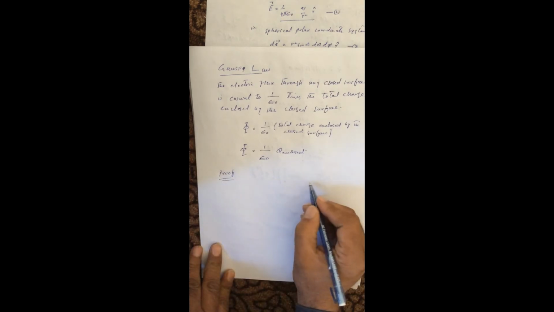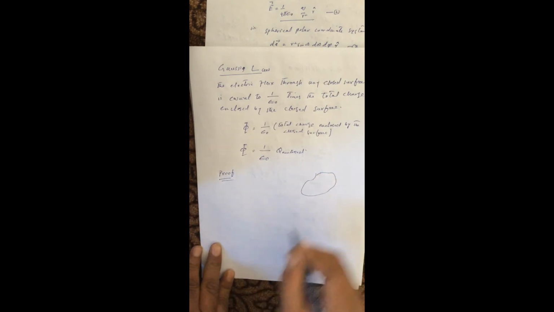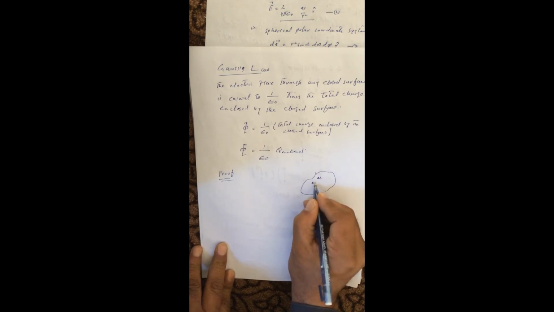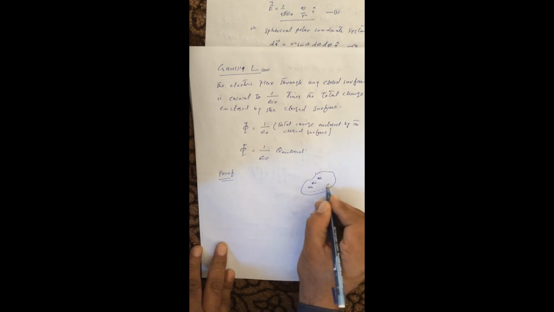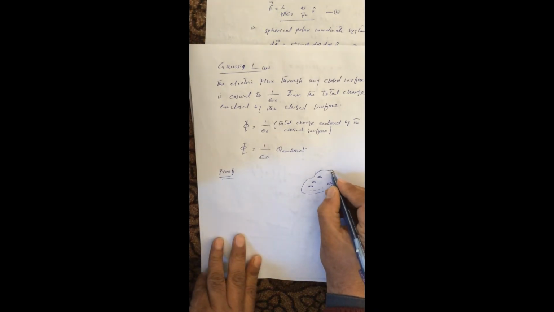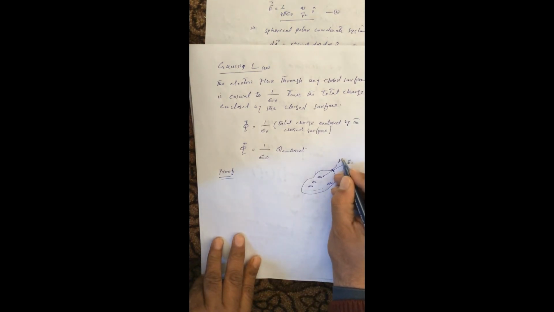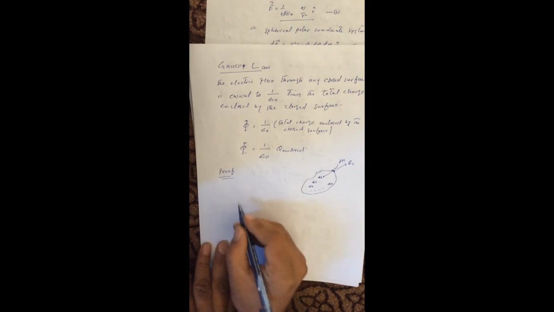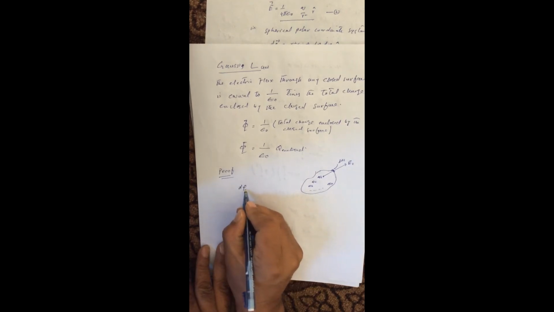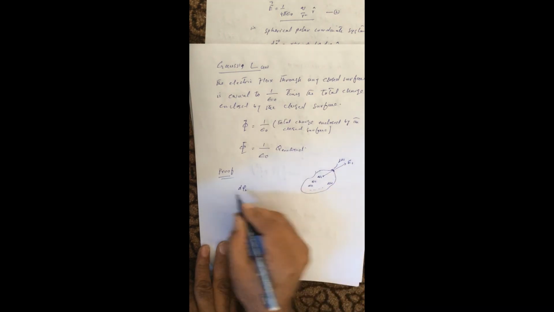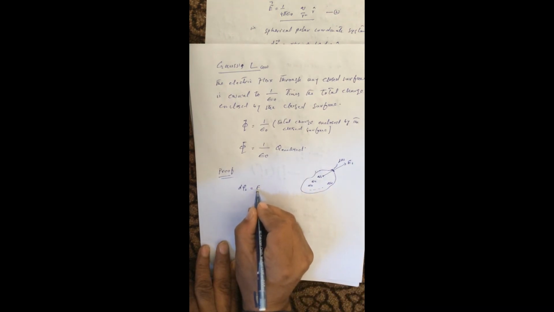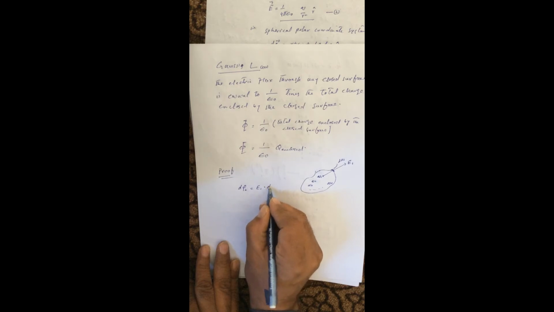The proof is, suppose we have any arbitrary shaped surface, and let's suppose we have charges q1, q2, q3 up to qn. There are n charges inside this closed surface. Now I will consider a small area element on this surface, and the electric field through this area element is E1 due to charge q1, and its area is dA1. Now by the definition of electric flux, the flux through area element dA1 is d phi 1, which is equal to E1 dot dA1.